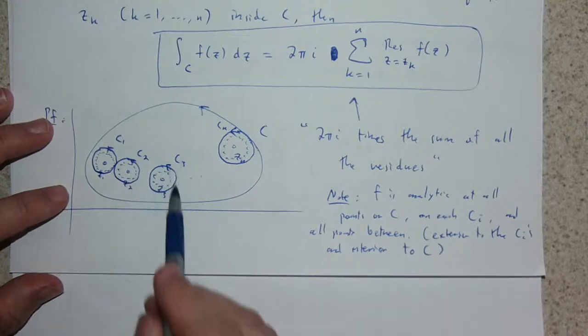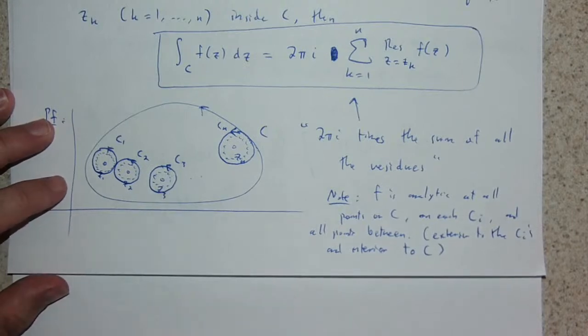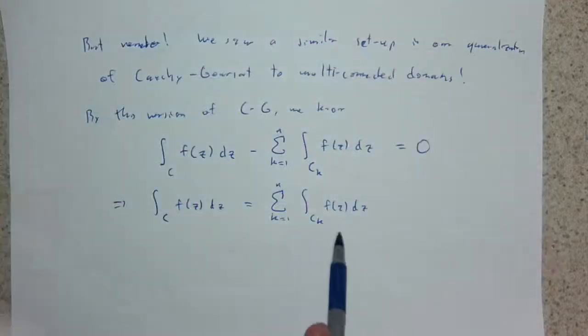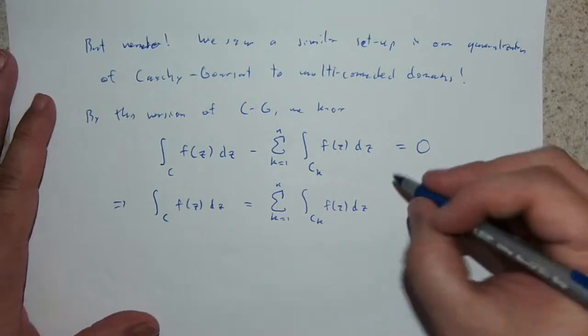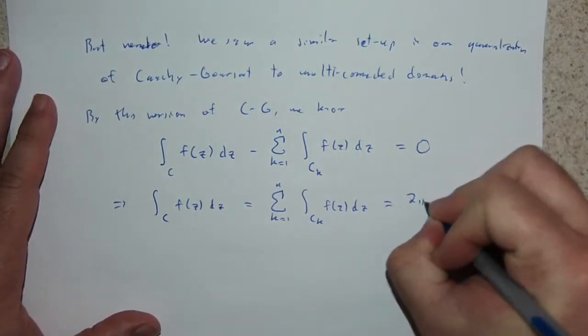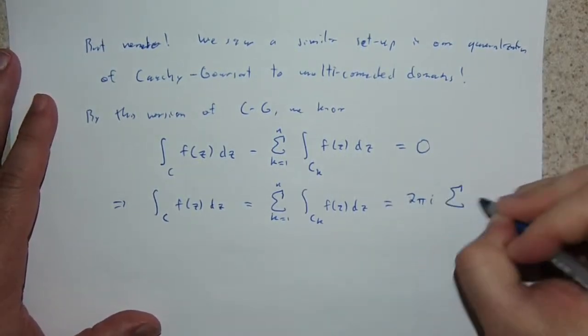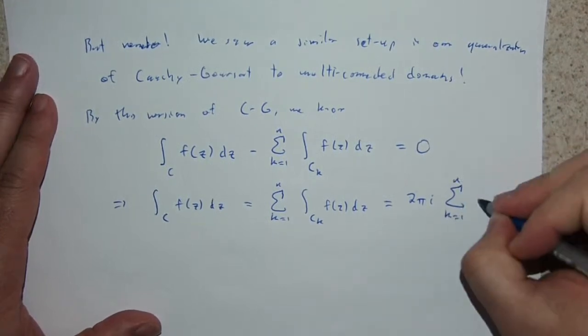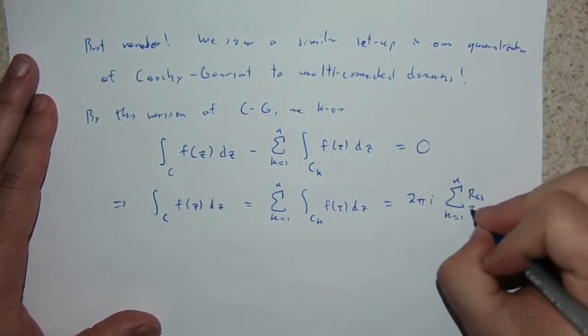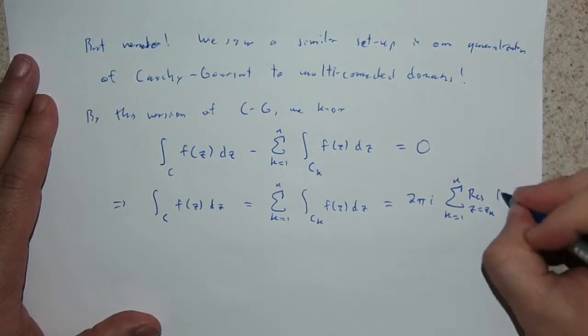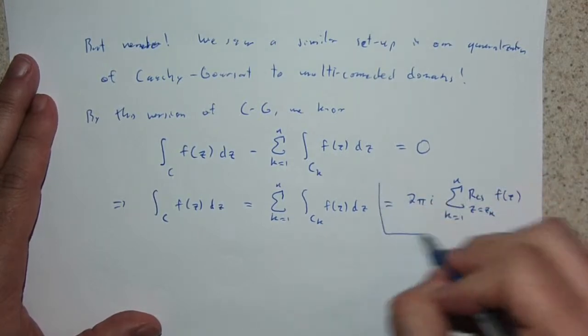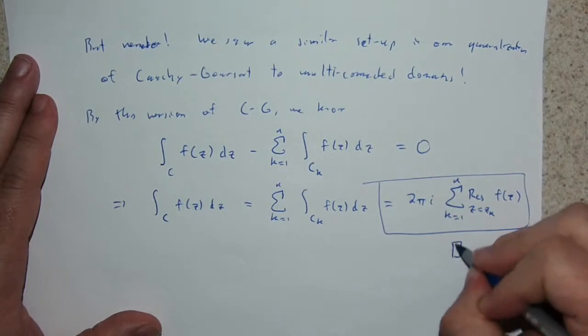The contour integral along C sub 3 is 2 pi i times the residue at z sub 3, and so on. So each of these integrals contributes 2 pi i times the residue at the singular point enclosed. And so this is literally 2 pi i times the sum from k equals 1 to n of the residue at z sub k of f of z. And that's it. This is the residue theorem.